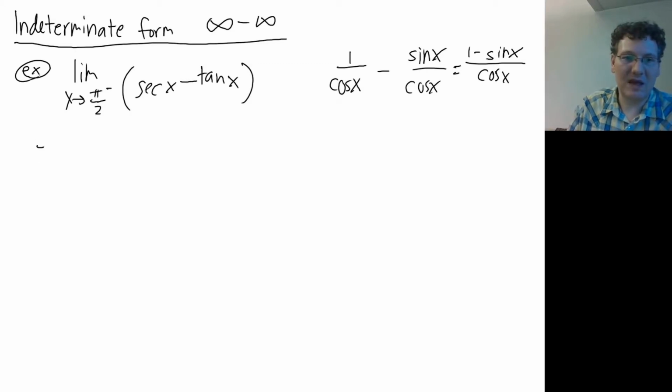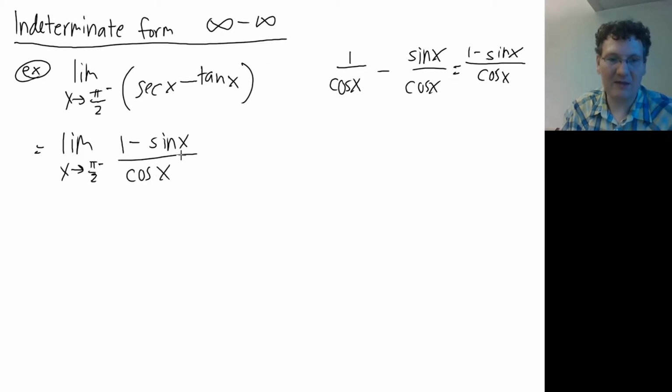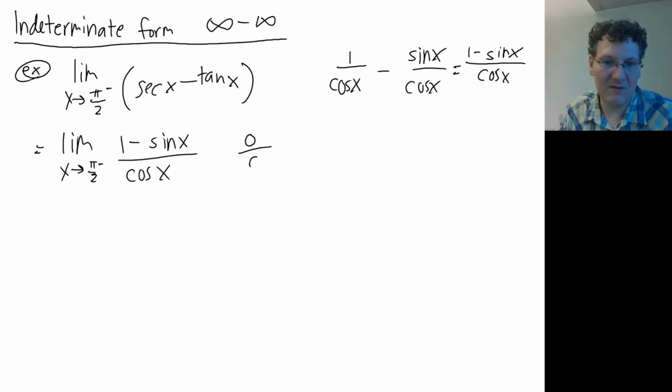So this is the limit as x goes to pi over 2 from the left of 1 minus the sine of x over the cosine of x. Now, the numerator is approaching 0, and the denominator is also approaching 0. So this is of type 0 over 0. We can use L'Hopital's rule here.